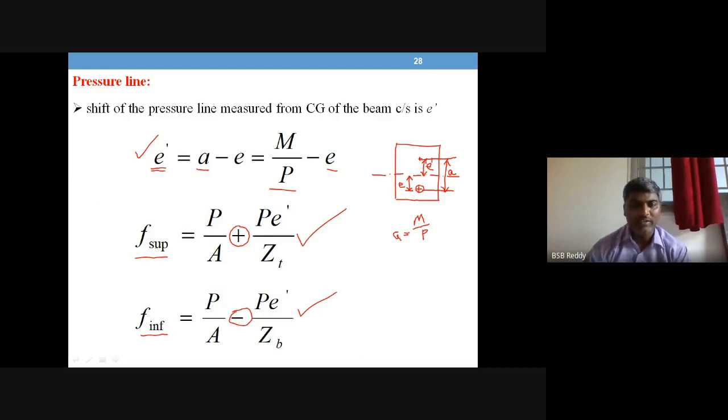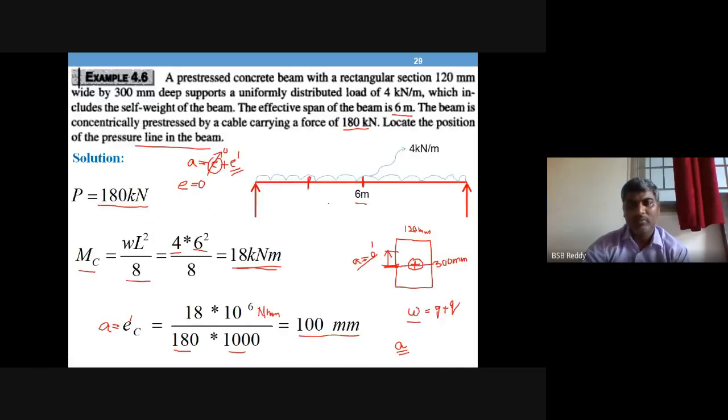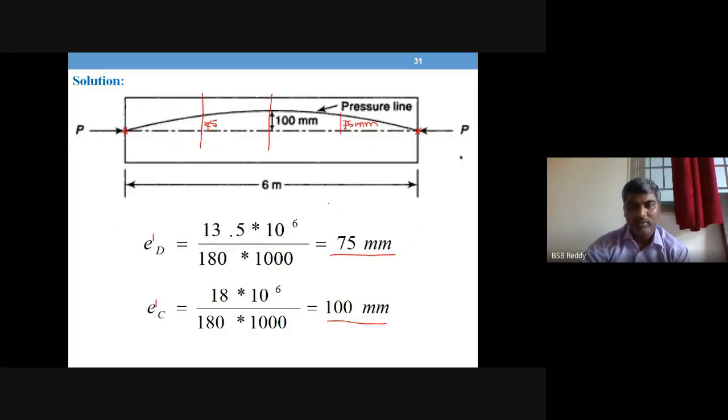So you have the cross section, you have the pre-stressing force, you have E dash values, you have the Z value. So you can easily work out the stress at top and bottom at any cross section, maybe at center or at support or at 1/4 section, anywhere it is asked.